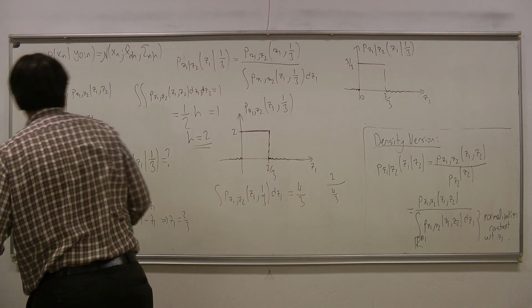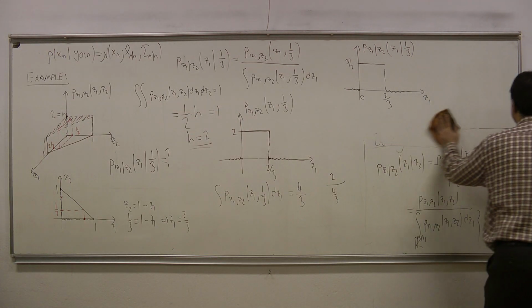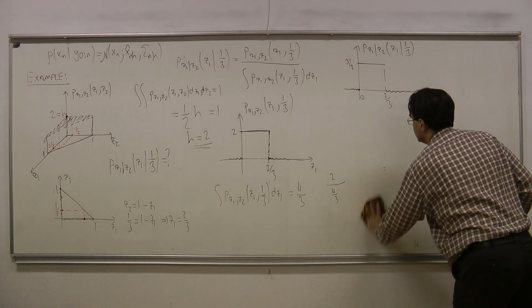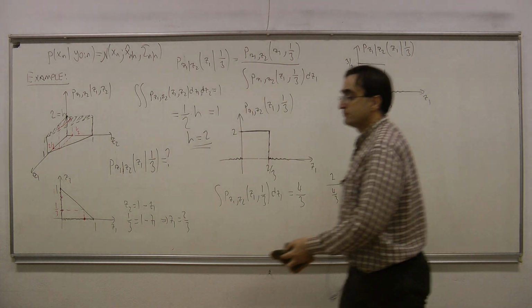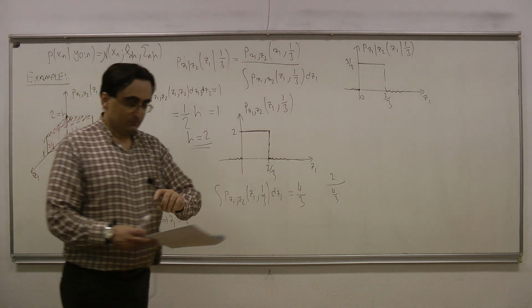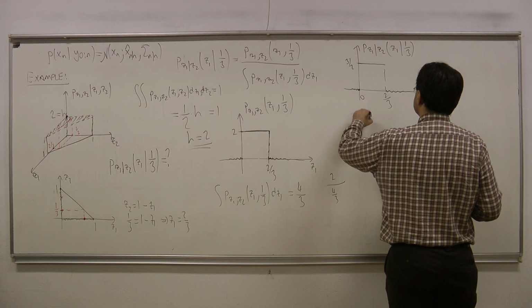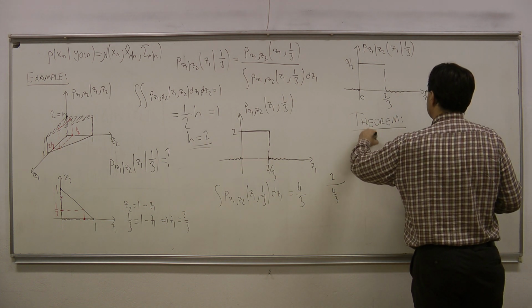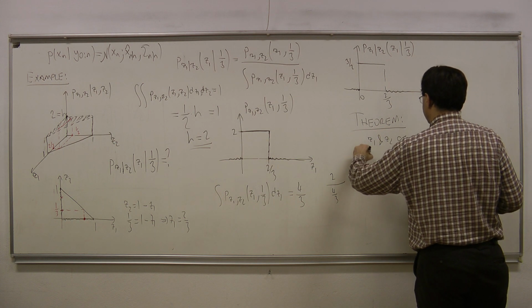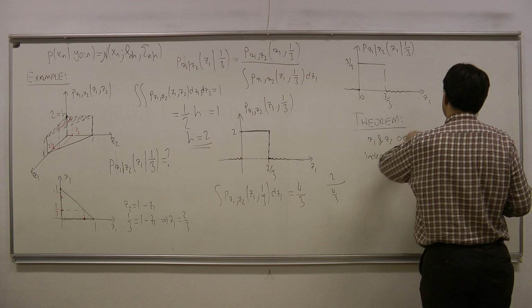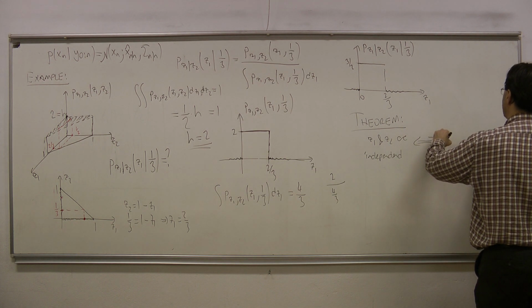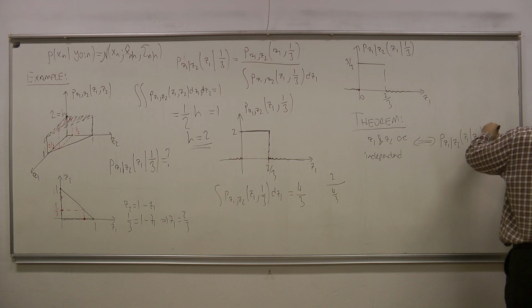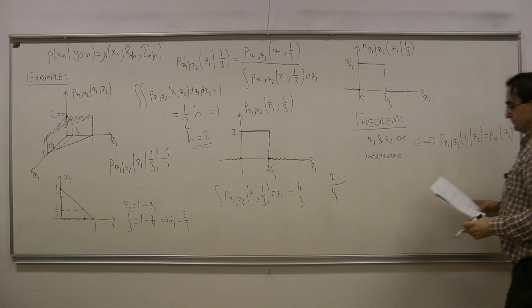Now we are ready to see the effect of independence on conditional distribution. Let us look at a theorem. Z1 and Z2 are independent if and only if the conditional distribution is equal to the marginal distribution of Z1.